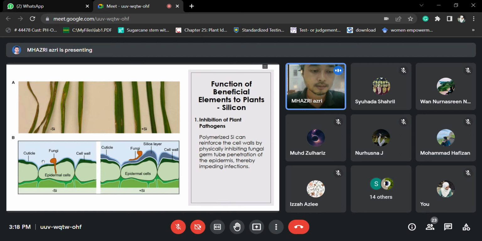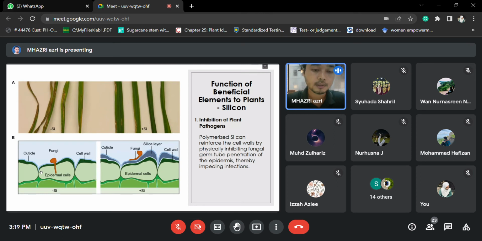Okay, and then dia punya mycelia akan penetrate and they will absorb nutrients from pokok padi ni. Apa yang berlaku? Pokok padi tu tadi akan sakit dan akhirnya mati. Okay, itu adalah pokok padi bila kita tak supply dengan silika.